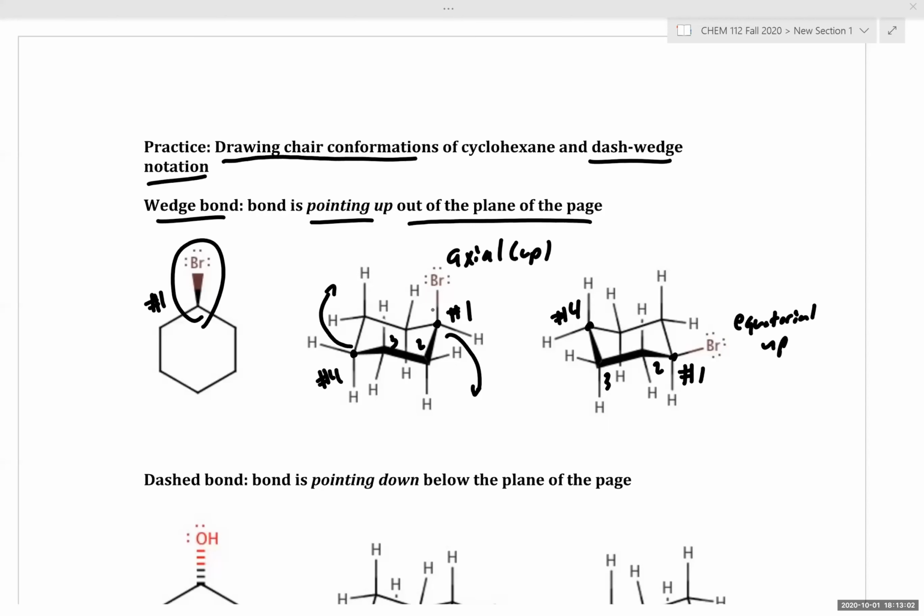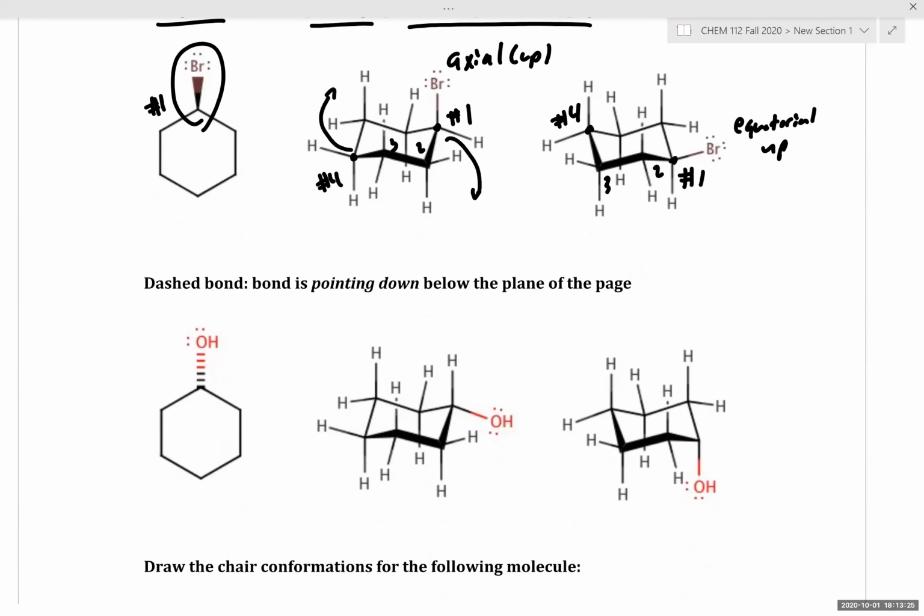So even during a ring flip, the stereochemistry is still the same. Wedge pointing up. Does that make sense? Can everyone see that with the model kit? Perfect. So a dashed bond indicates that the bond is pointing down below the plane of the page. Okay, so let's showcase that.